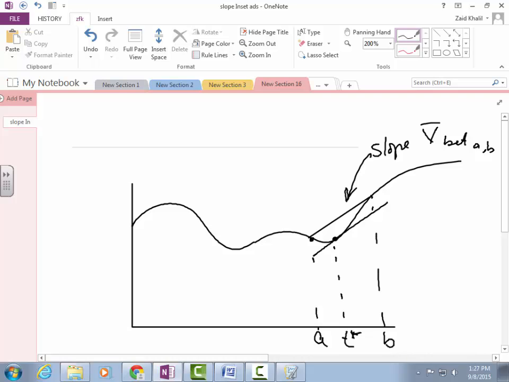Any questions? So in other words, the instantaneous velocity at t star is equal to the average velocity between A and B. So that's that.